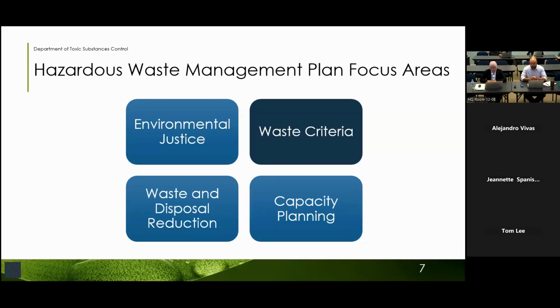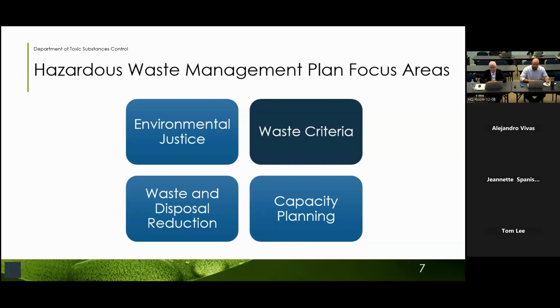So those 3 areas: DTSC is required to assess whether there are additional hazardous chemical constituents of waste or additional hazardous properties of waste that should be accounted for in California's criteria. And DTSC is then to use that analysis to inform recommendations for additions to criteria.